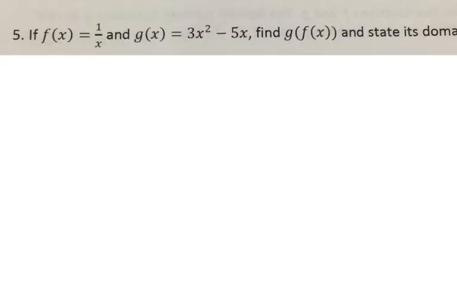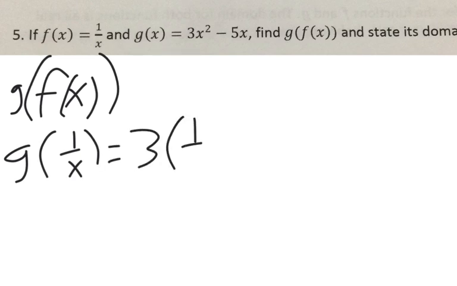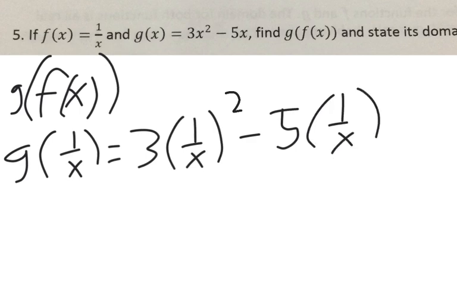Do we have any problems building the composition, or can I do that fairly easily? So if I'm finding g of f of x, I'm plugging in f. We good with this?